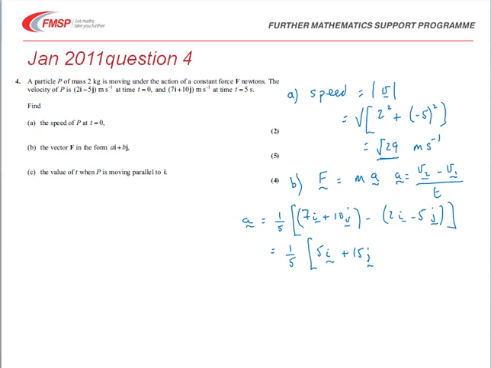Just be careful with the negative arithmetic there. And of course then that is equal to i plus 3j. Now that's the acceleration. We're actually asked for the force F, so we can use F equals ma. That's just the mass, which we're told is 2, so the force is 2 multiplied by the acceleration, and of course therefore that is 2i plus 6j.